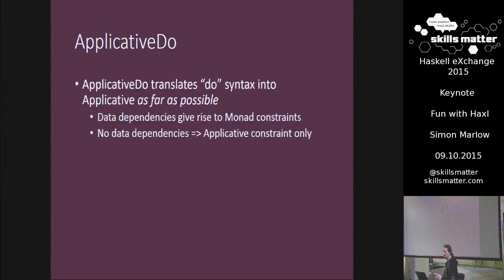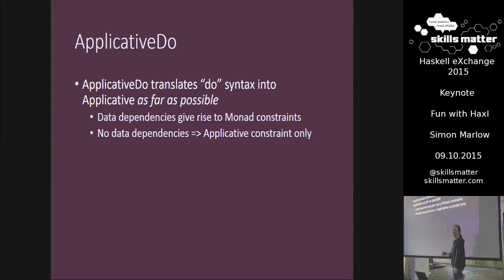Okay, so applicative do translates do syntax into applicative as far as possible. It looks for all the parallelism, and it tries to construct an applicative expression that embodies as much parallelism as it can find, as far as the data dependencies will allow. So if you use a do expression that has no data dependencies at all, what you end up with is an applicative expression that only needs an applicative constraint.